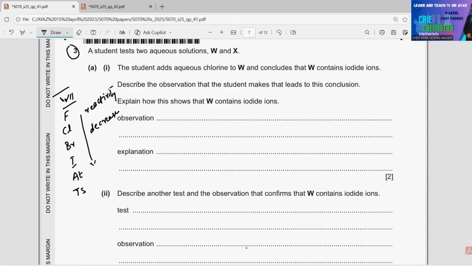So what will be the observation? The observation will be due to the formation of iodine, solid or solution. So we'll get a red-brown solution, or a black solid obtained.